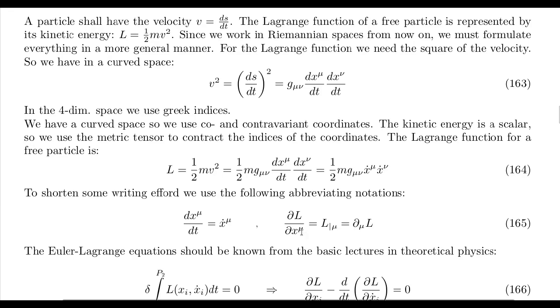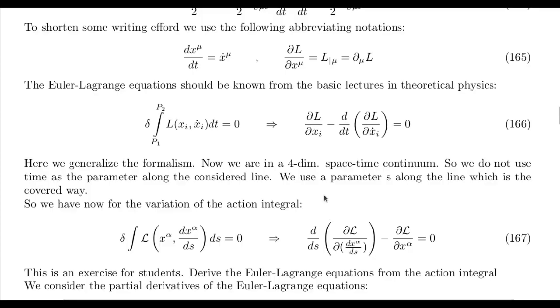You have to recognize that a contravariant index in the denominator is a covariant index in the numerator. That should be known from the elementary lectures in theoretical physics, from classical mechanics.